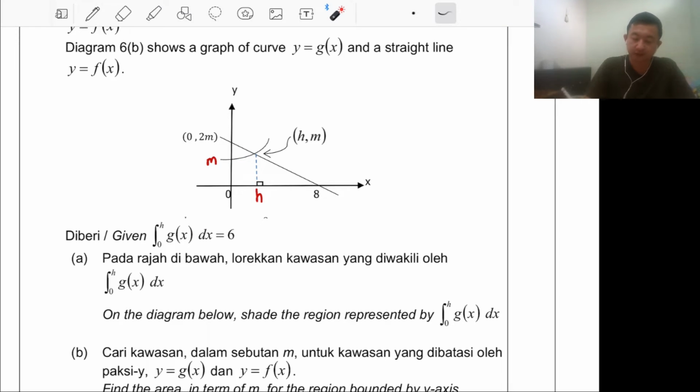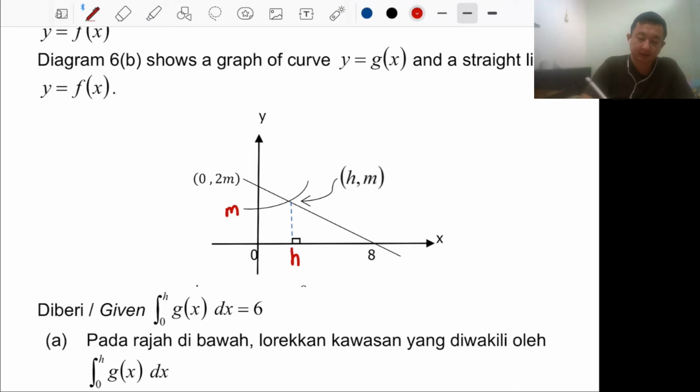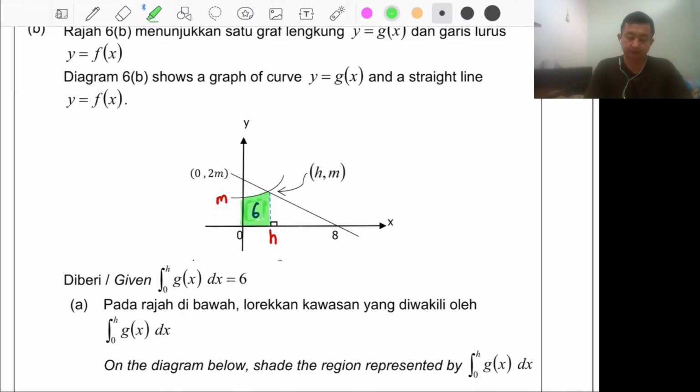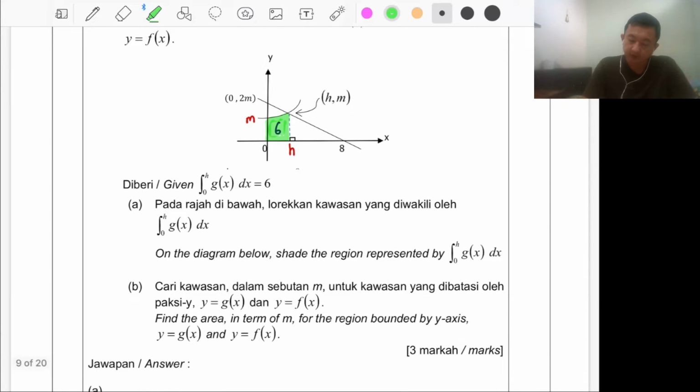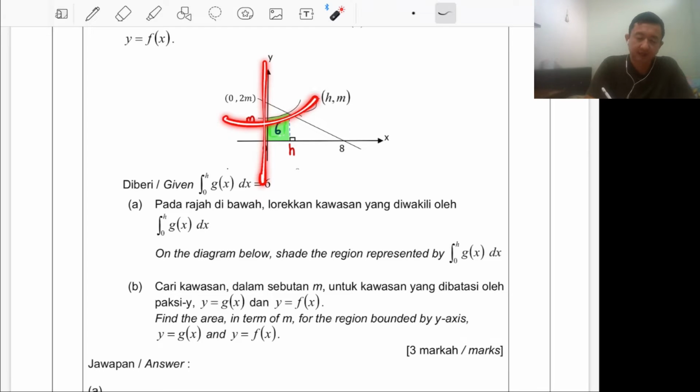So this is the part which is 6 for area, and you need to shade the region. Okay, so make sure you do it here. Find the area in terms of m for the region bounded by the y-axis, g(x), and f(x).